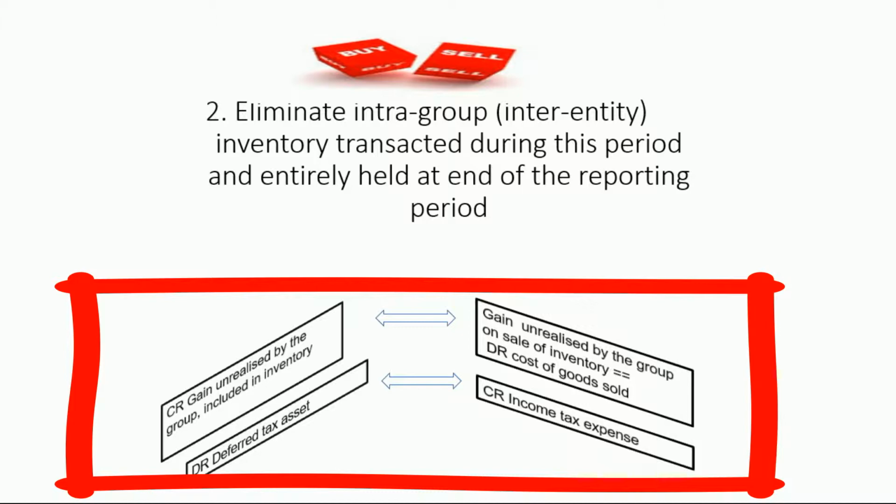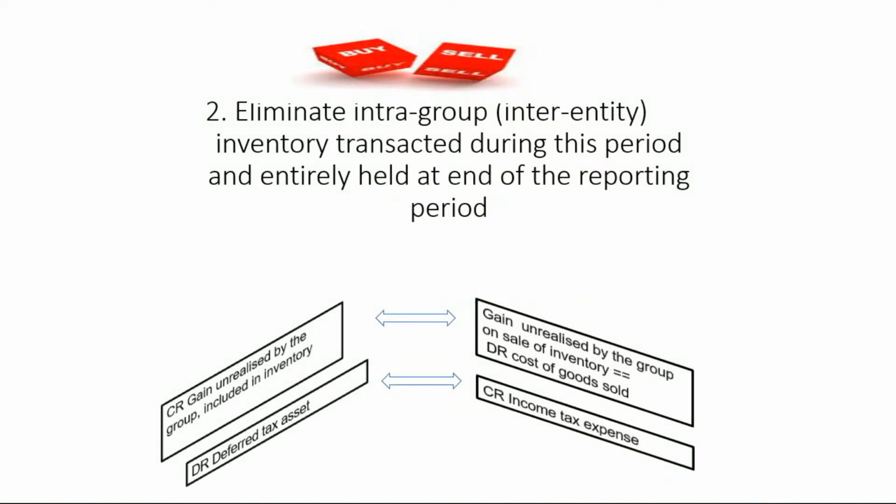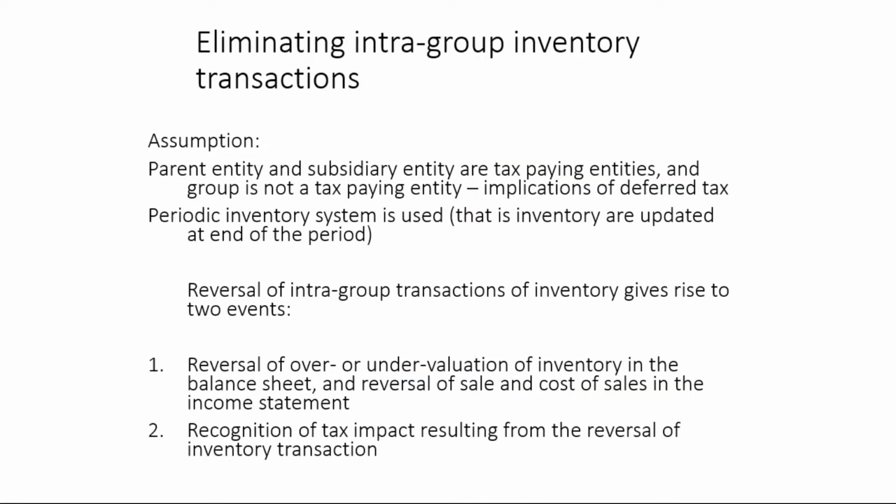When we eliminate the overvalued inventory and unrealized gain within the group, there's a taxation impact that changes the income tax expense and creates a deferred tax asset. For us to understand the consolidation entries that follow, we will make a couple of assumptions here.